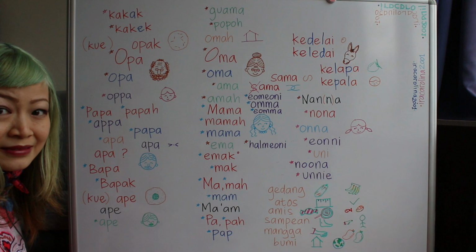You have to say it with this pronunciation, apa. In Bahasa Indonesia or Indonesian language, apa is what. Apa is a question word, it means what. This is father in Indonesian language, bapak.